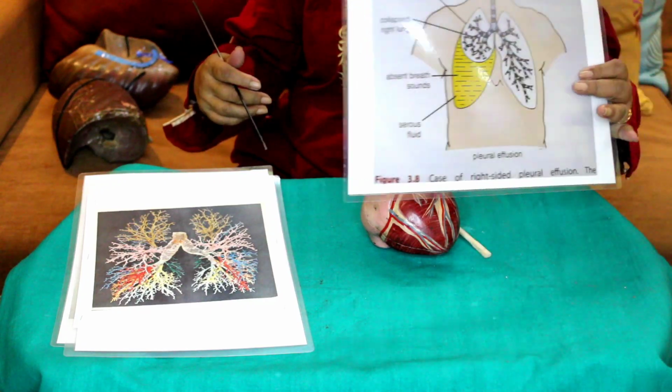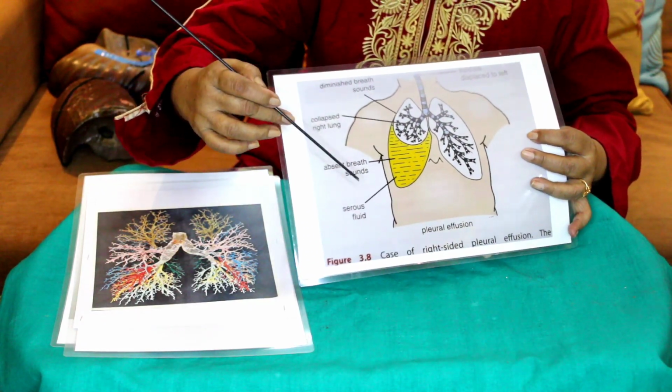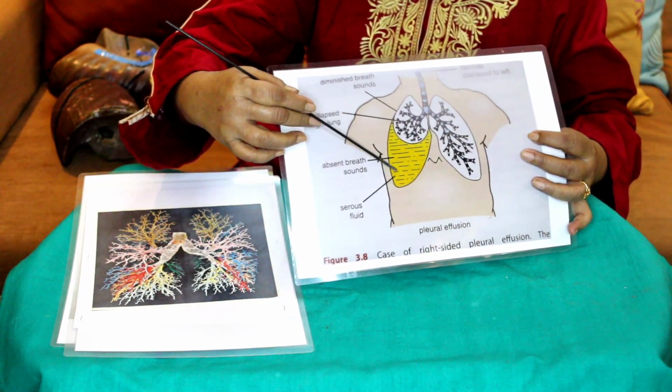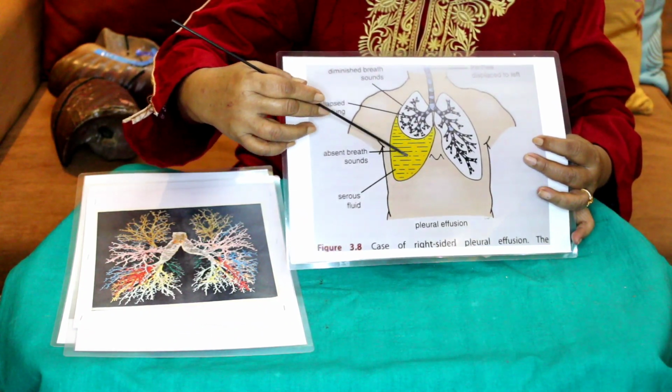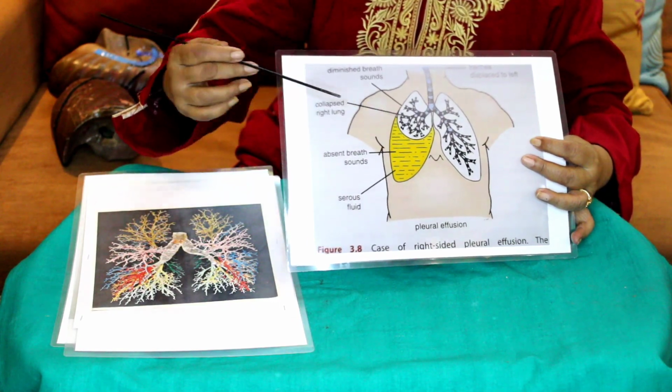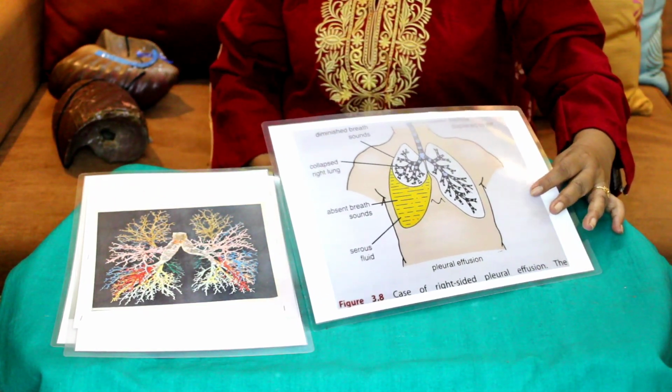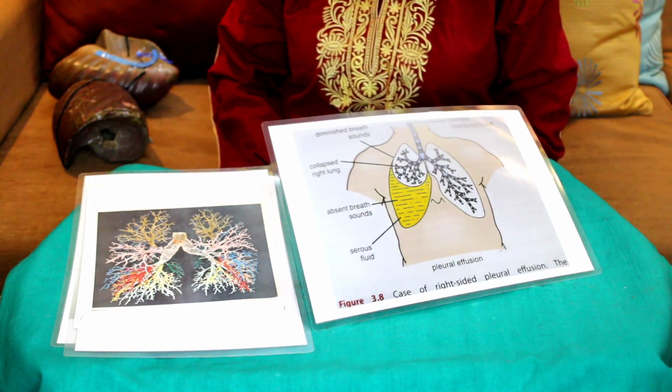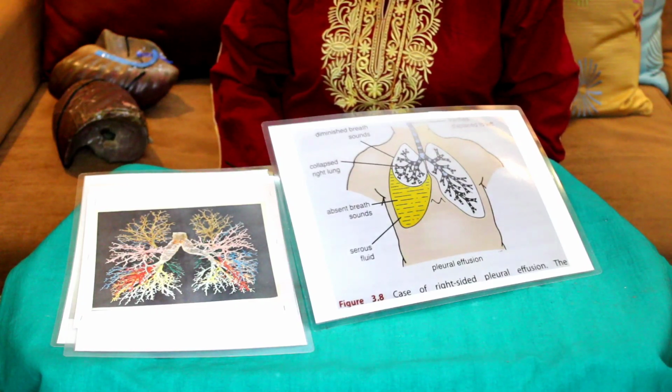I will show you, there is a pleural effusion on the right side. Here water is accumulated within the pleural cavity and pushes the lung upward. So there is a reduction in the capacity of the lung.